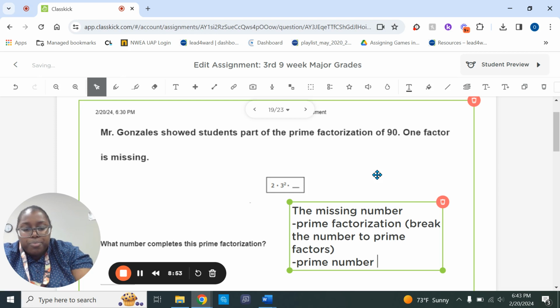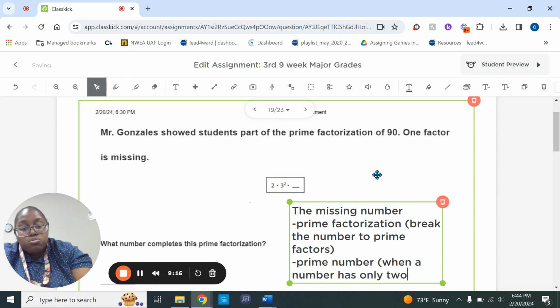So a prime number is when a number has only two factors.